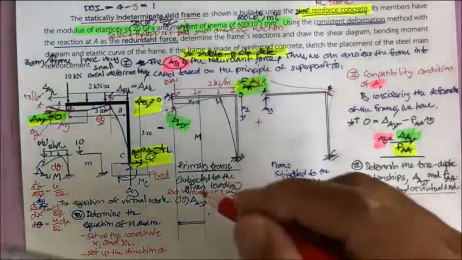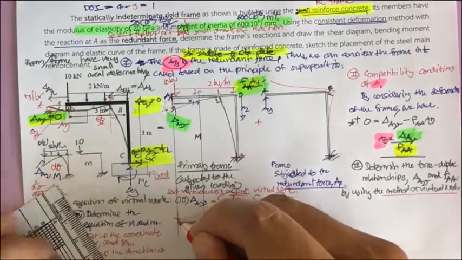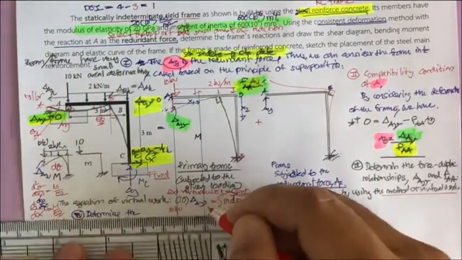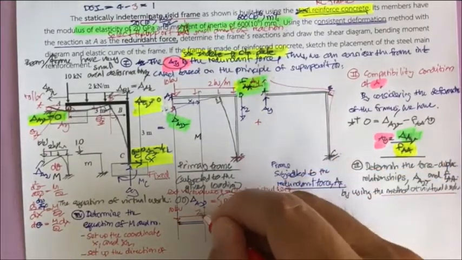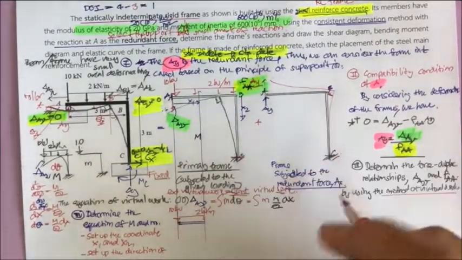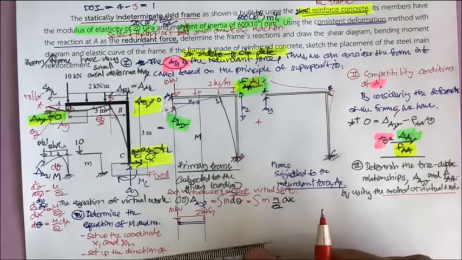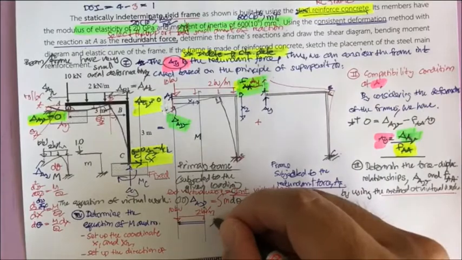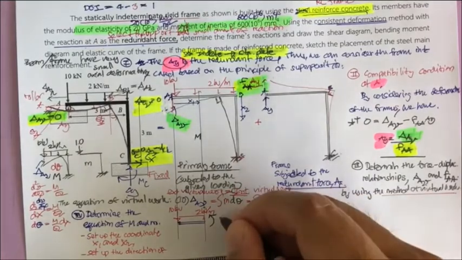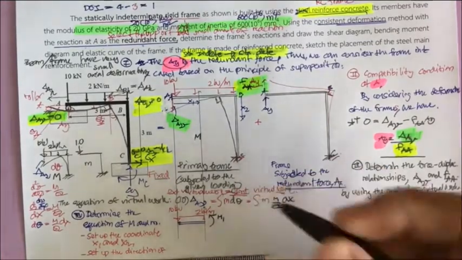If you put this, it is going to have the first portion of this. That is 10 kilonewton, and you have 2 kilonewton per meter, and this is for the capital M1. This is going to be M1.